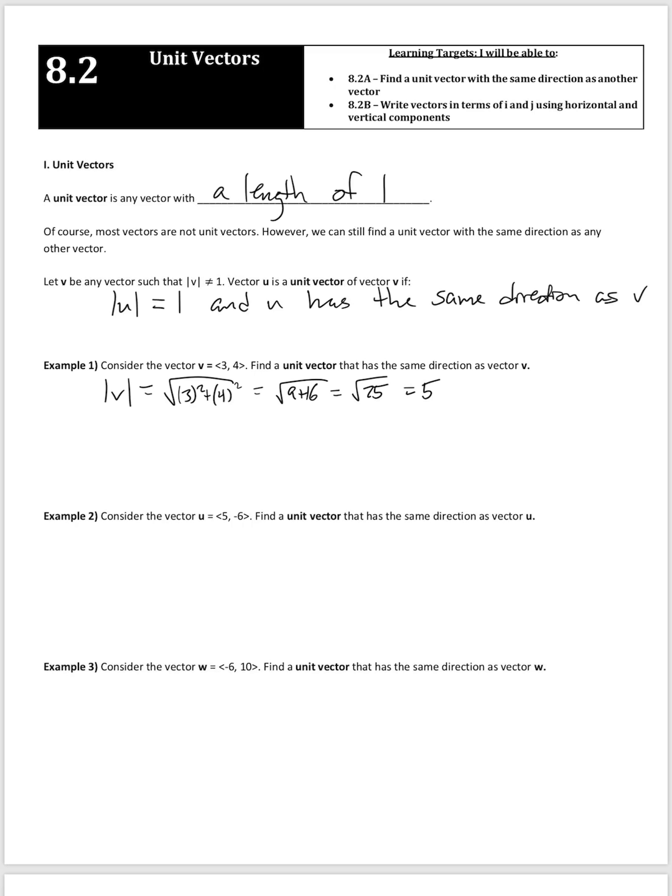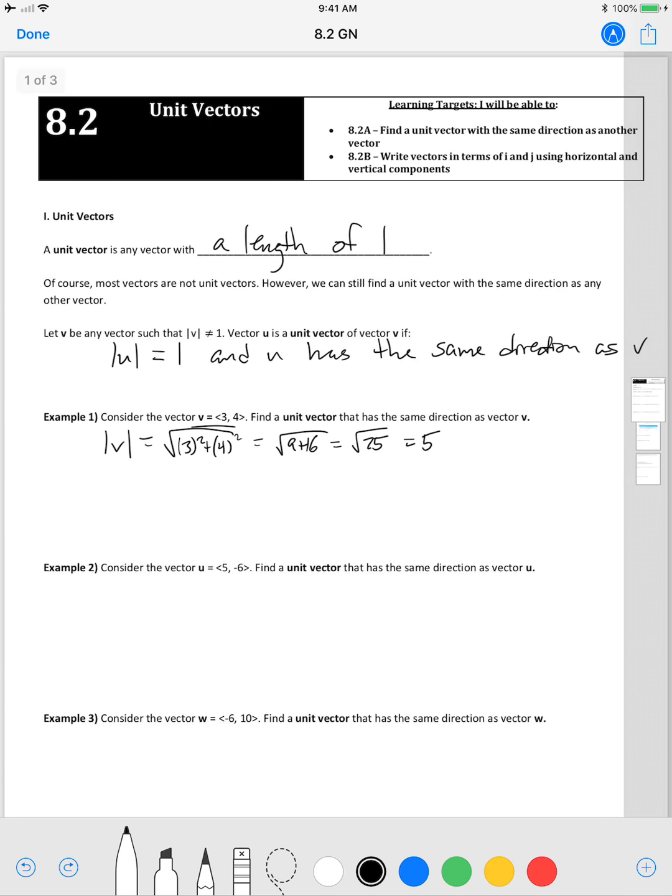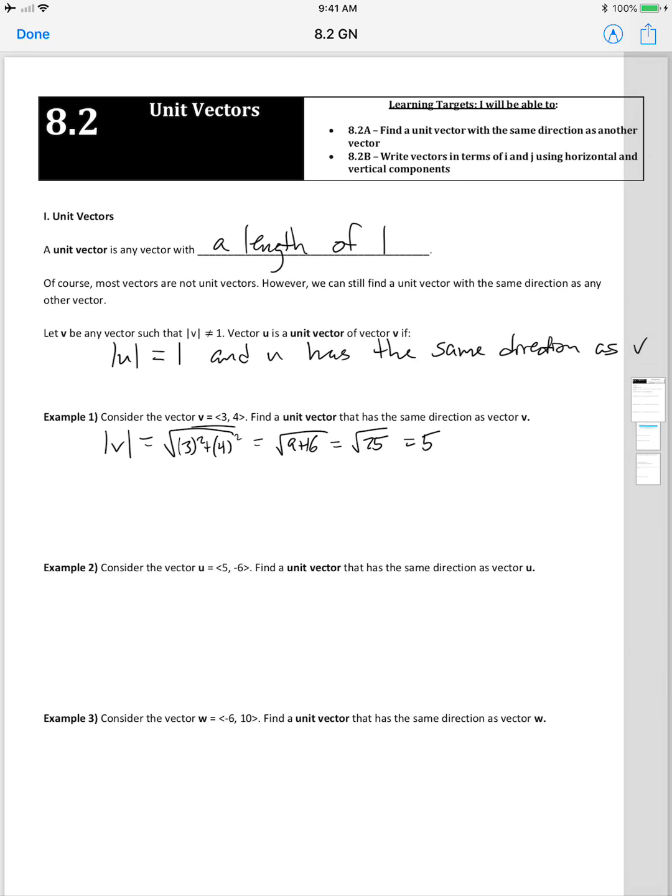So if I take vector v, 3, 4, and I divide each component by the magnitude, I get a unit vector. I get a vector that's pointing in the exact same direction as the original vector, except its magnitude is now 1, which is exactly what we wanted to find. So that's my answer.